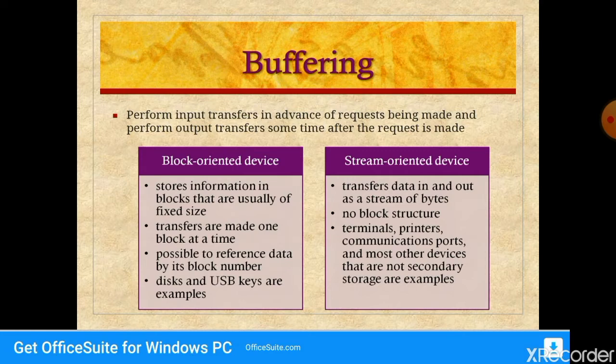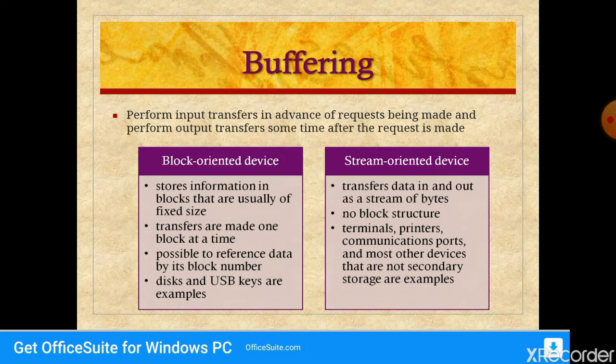There are two categories of how the data is buffered. One is block oriented and another is stream oriented. In block oriented, the input output device transfers the data from the secondary storage to the buffer in a block-wise manner. A block is nothing but a contiguous stream of bytes, that is, fixed size data is called a block.